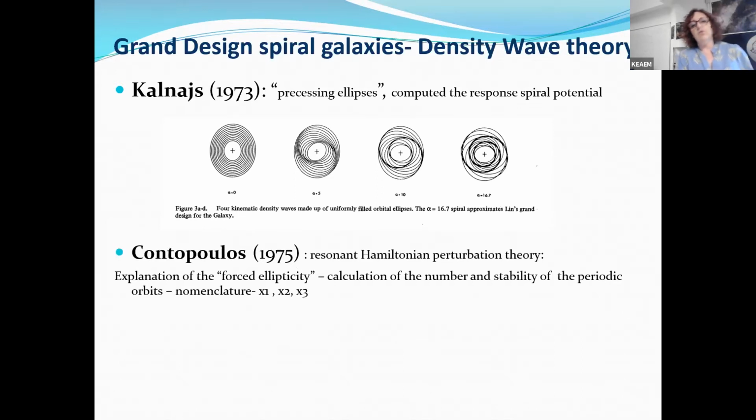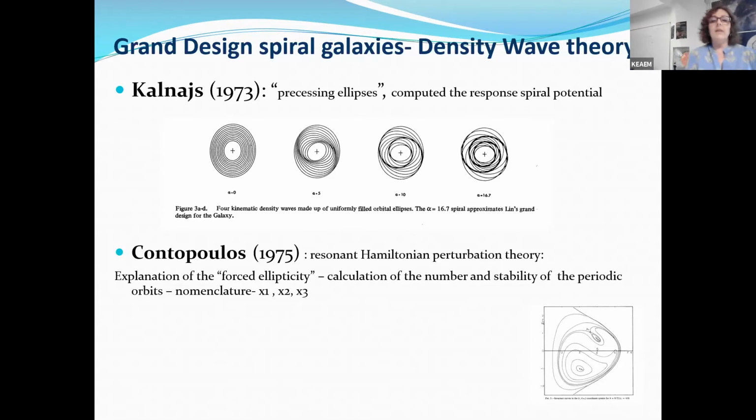And then came Contopoulos in 1975, who gave an analytical explanation of the forced ellipticity and analytical calculations of these periodic orbits, their number and their stability. And he gave the nomenclature for the first time with the help of the phase space. They named these periodic orbits X1, X2, and X3. We're going to see that only one of these orbits can support the spiral structure.